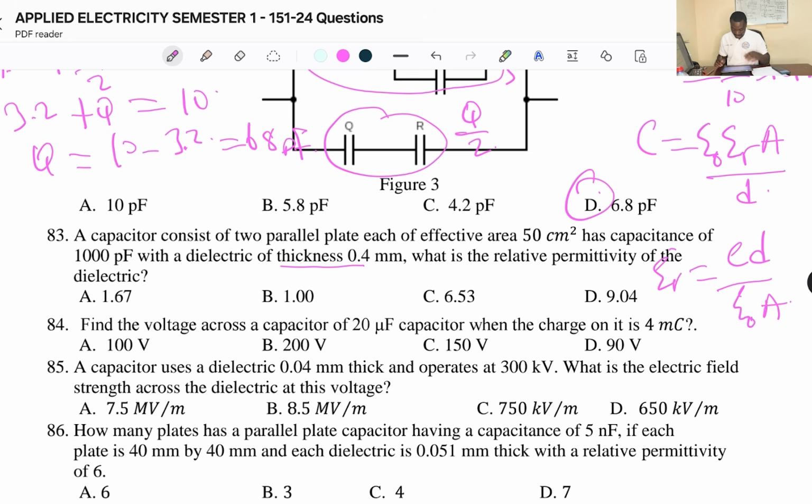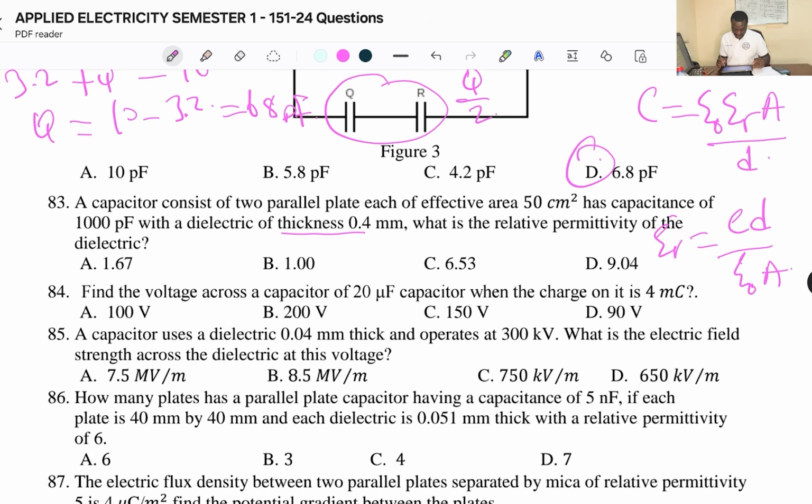So we do all this, and what do I get here? We get the relative permittivity to be equal to the capacitance, which is 1,000 picofarad. That's just 1 times 10 to the power minus 6, times the distance between the plates, 0.4 millimeters, so that's 0.4 times 10 to the power minus 3.